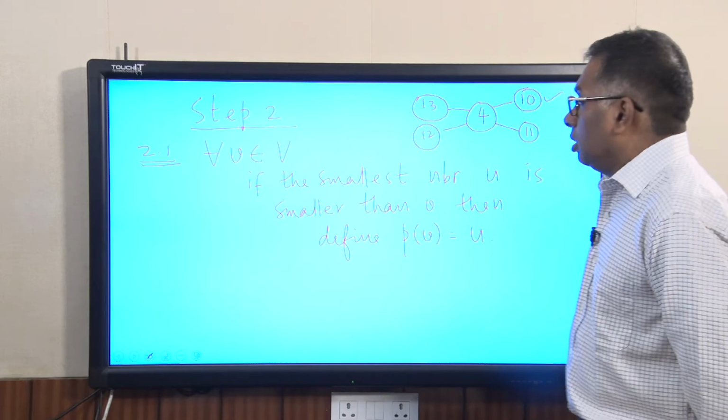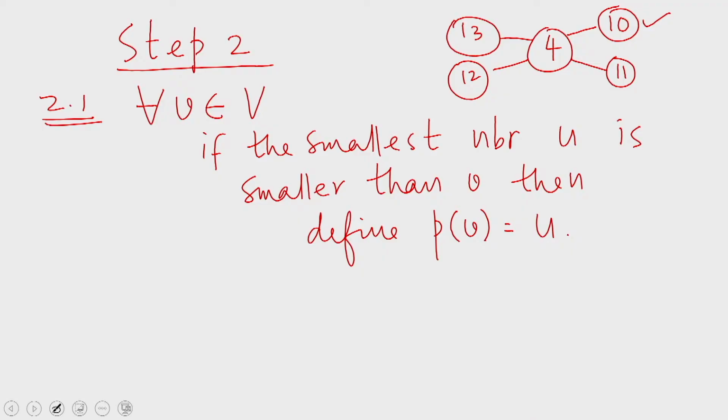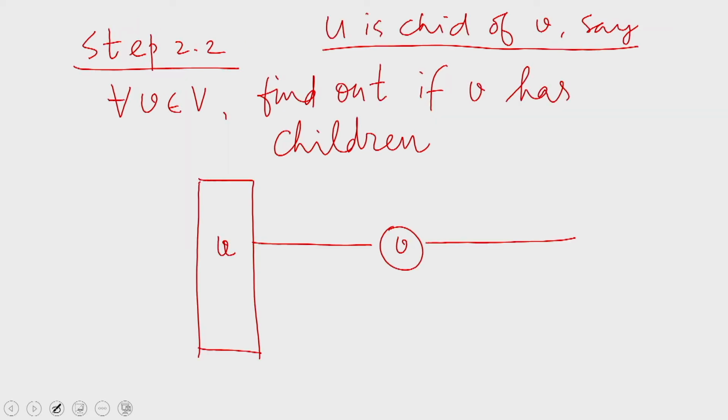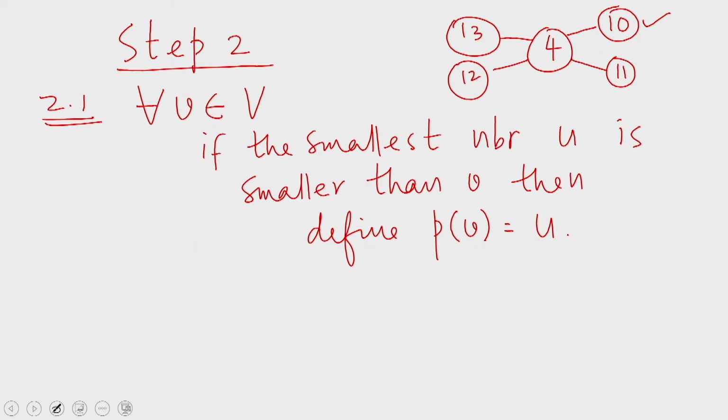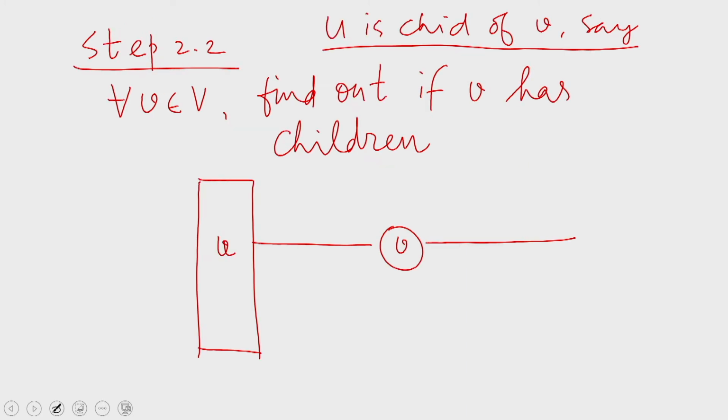In step 2 1, we find for each vertex the smallest neighbor of u and choose it as the parent. Now here what we have assumed is that u has adopted v as its parent, which means v is the smallest neighbor of u. V is the smallest neighbor of u, and that happens to be smaller than u. So v is smaller than u. That is why u adopted v as its parent.